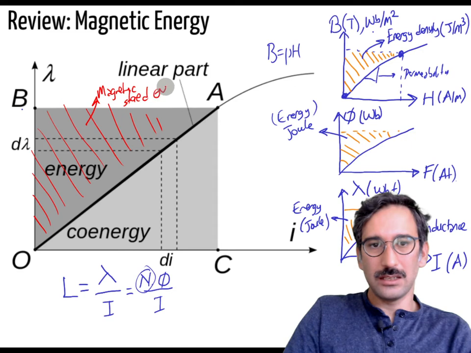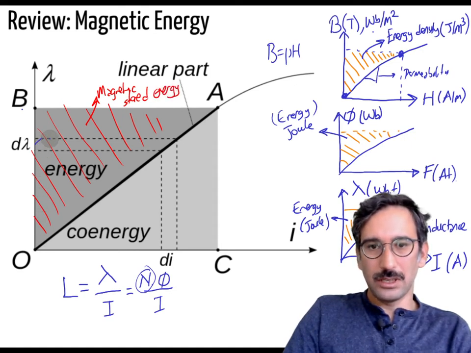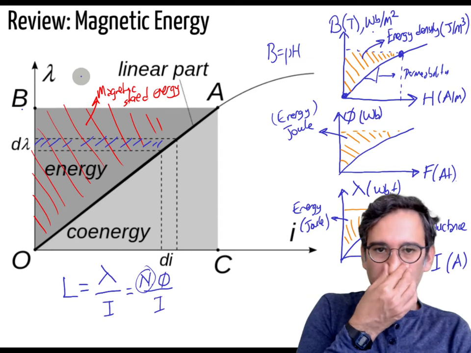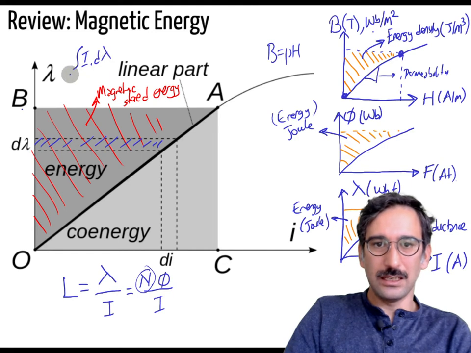In order to do that, you can integrate those currents. So what you can do is take the integral of, let's say, current over lambda from 0 to whatever operating point they are working on.